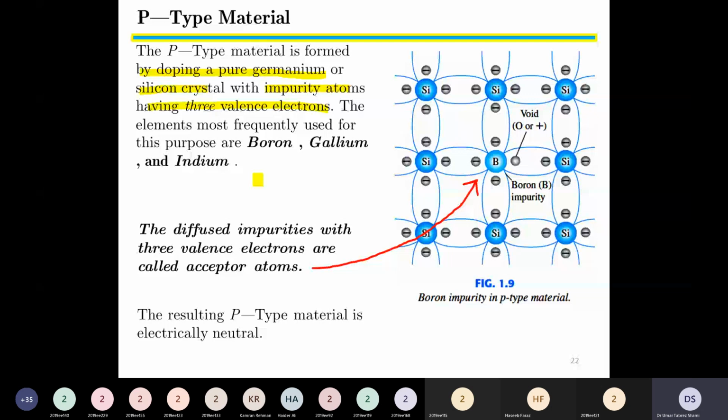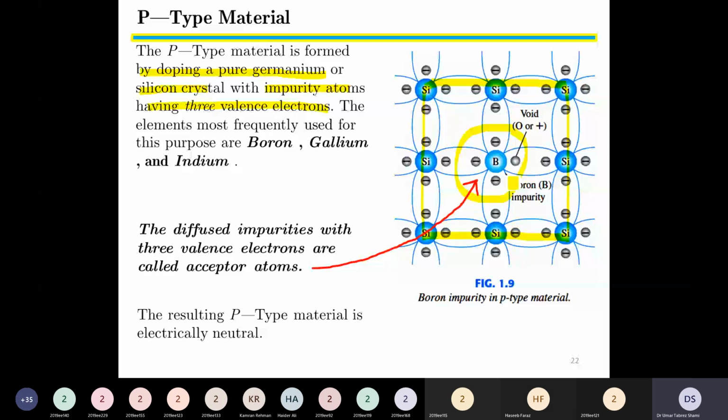Right. Now in this diagram, we see silicon atoms surrounding one boron atom, boron being the trivalent atom. Boron has 3 electrons in the outermost shell. These 3 electrons create covalent bonding with adjacent silicon atoms.